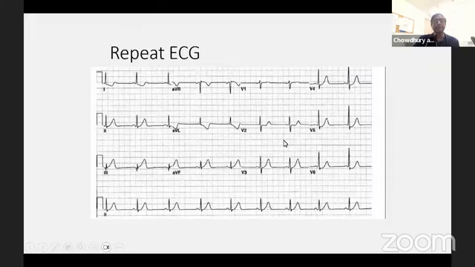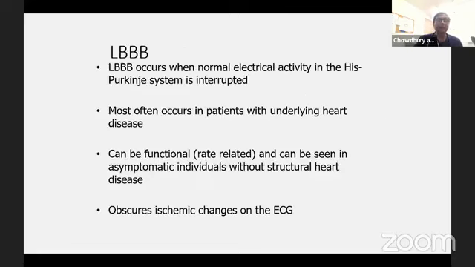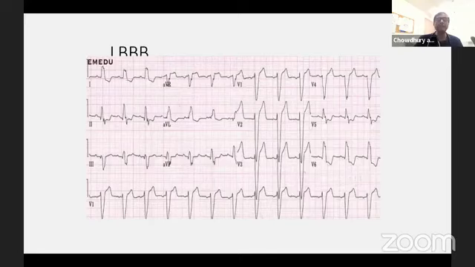Repeat EKG, that may help, right? So repeating the EKG every 5 minutes can sometimes be of help as well, and you can convince yourself.